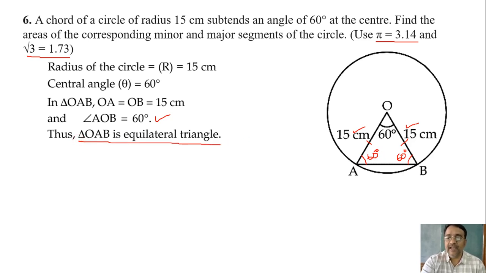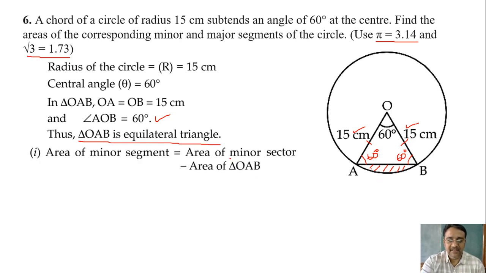Okay. Now area of minor segment, this one, how will you find this area? Area of sector minus area of corresponding triangle. Area of minor sector minus area of triangle, right?